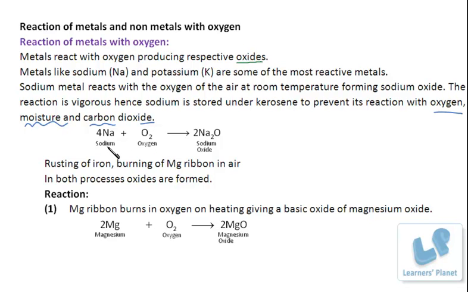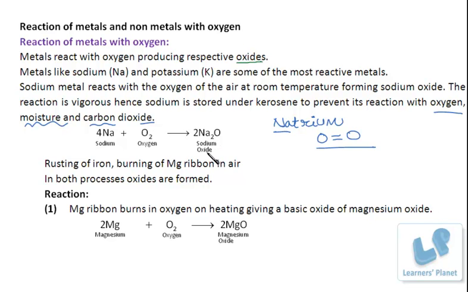Say sodium reacts with oxygen. The symbol of sodium is Na. You must have studied this in your previous class. Na stands for natrium, which is the Latin name of sodium. Oxygen is O2. Oxygen exists as a diatomic molecule. These two combine and form sodium oxide.